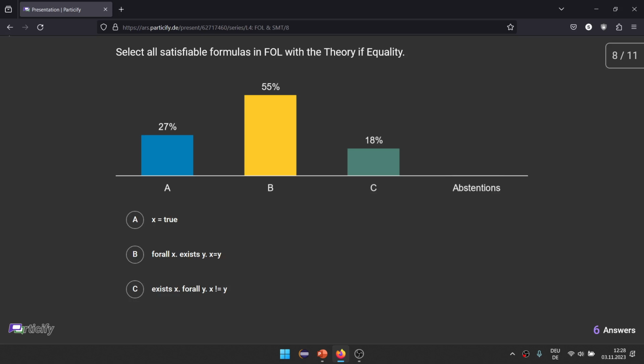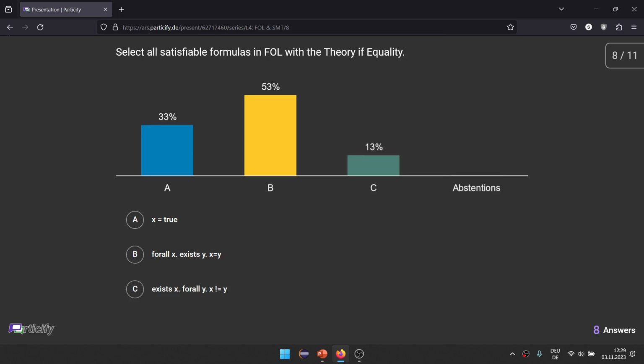Now, the question is, can the same element be picked? The for all has to go over all values of the domain, right? So if these are integers, let's say it starts with 1, then x equals 1. Now, does there exist a y, some value from our domain that makes x equal y? Yeah, we can assign also 1 here, right? Because we just have to find a single one. So then 1 equals 1, fine.